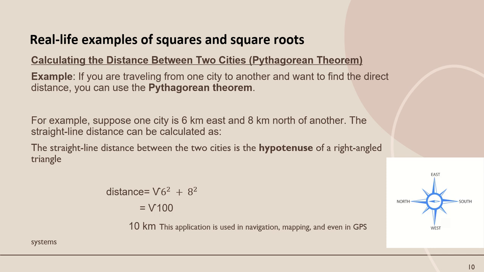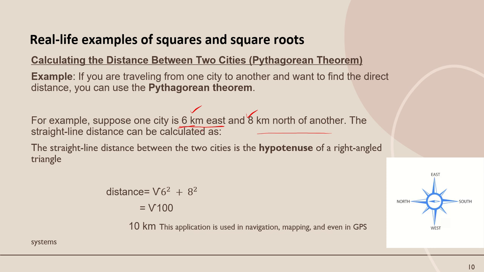Now how can we use the Pythagorean theorem? It helps us to find the distance between two cities. For example, suppose that one city is 6 km east and the second city is 8 km towards north.